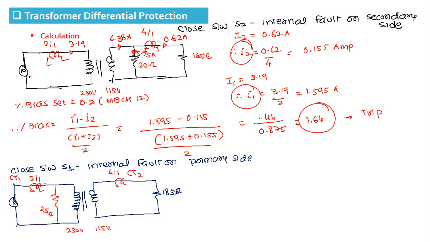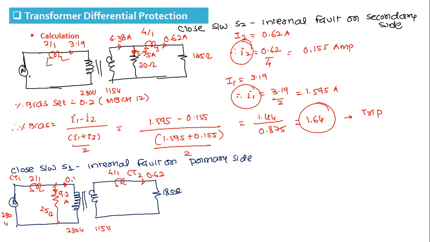So what is the current here? 230 volt by 25. That is the current in this fault path. 230 by 25 is 9.2 ampere. And this load current is 115 by 185, which is 0.62.